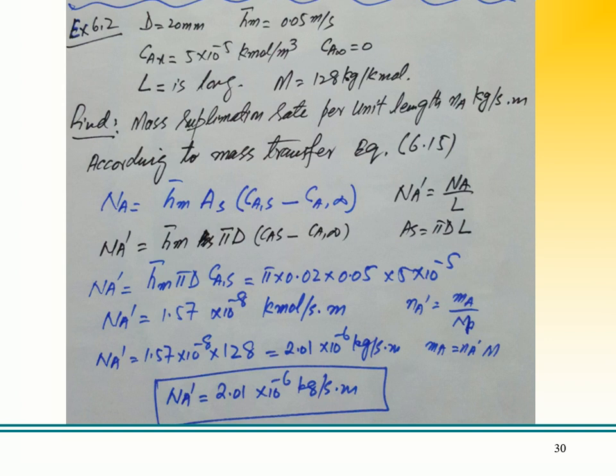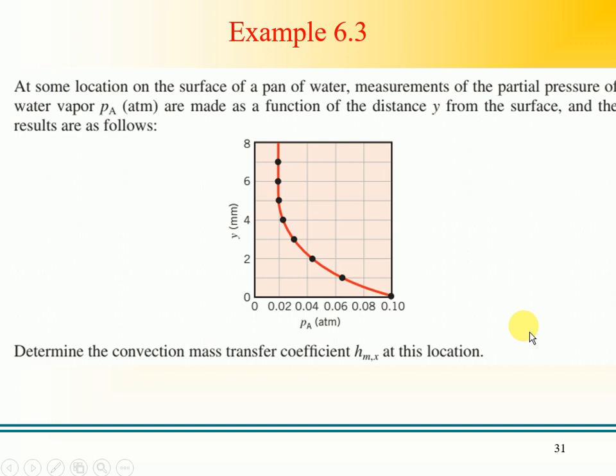As we know, number of moles is mass per molecular mass, so we multiply with the molecular mass, 128. It becomes 2.01 × 10^-6 kilogram per second per meter. You can say 2.01 × 10^-3 gram, or 2.01 milligram per second per meter is being evaporated. Let's see the next example.